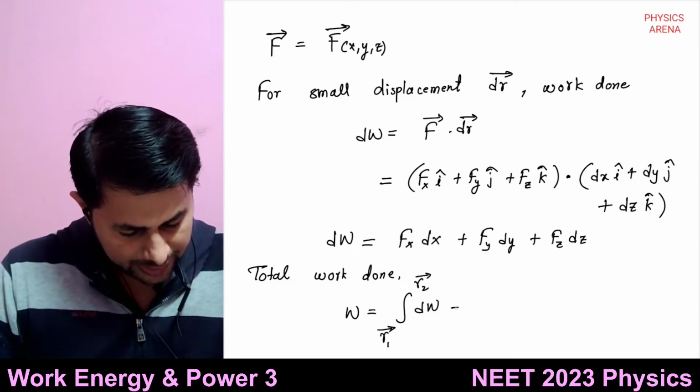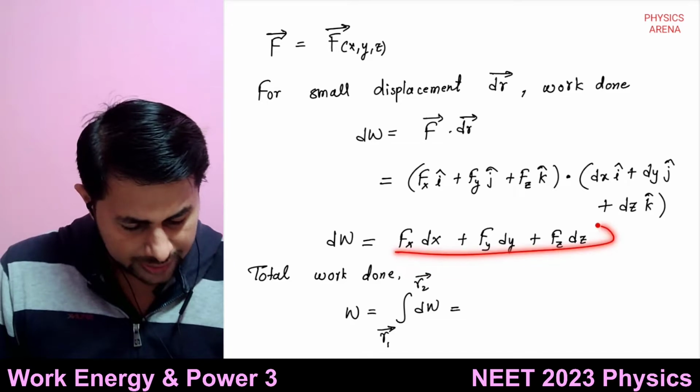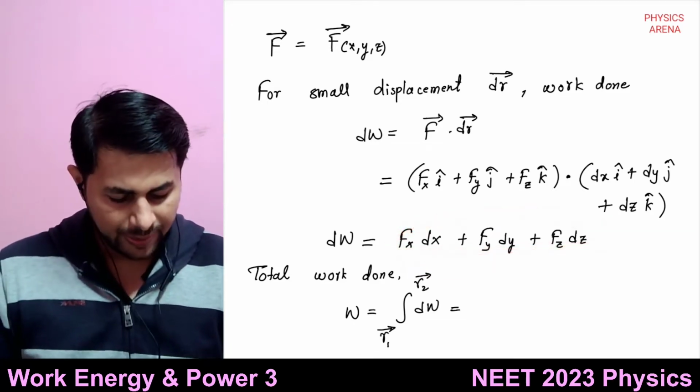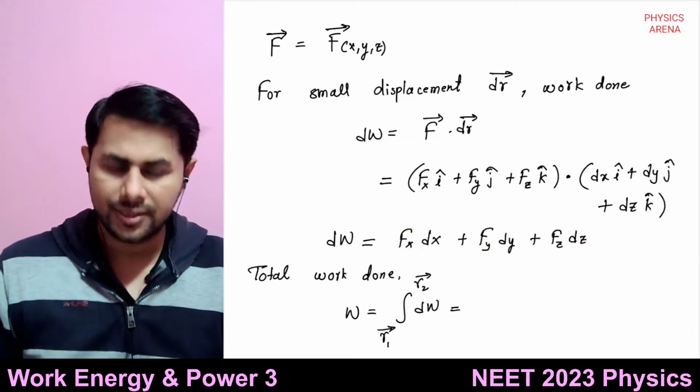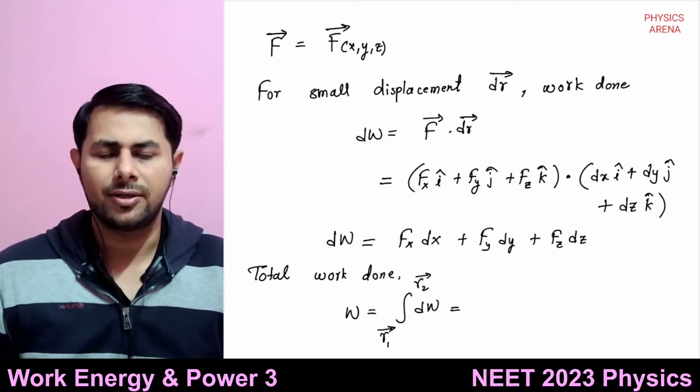And that is equal to, now dW has these three terms, Fx dx, Fy dy, Fz dz. So you want to take its integral from R1 bar to R2 bar.